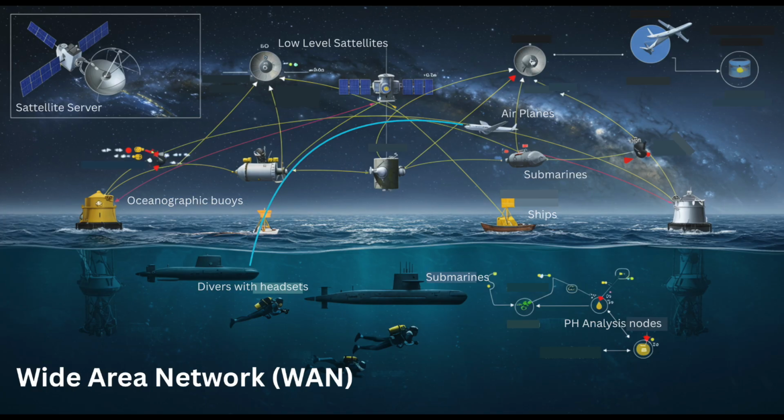So I wanted to put that in this infographic too, and the satellite server up here, and also these different nodes that can be used for data collection and analysis. There's a term called the Internet of Water.